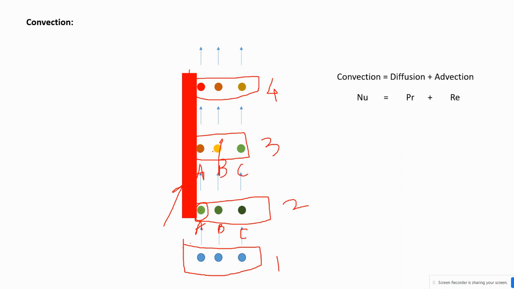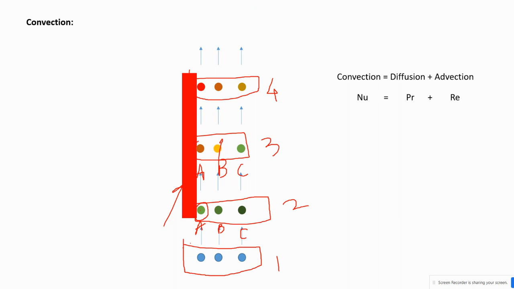Again at point 4 it is getting more heat and it is getting red hot. At that time particle A is getting more heat and becoming red hot, and after that B and C. Then the particles move away from the domain.